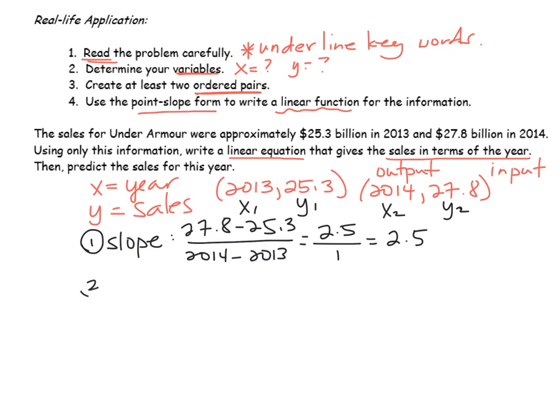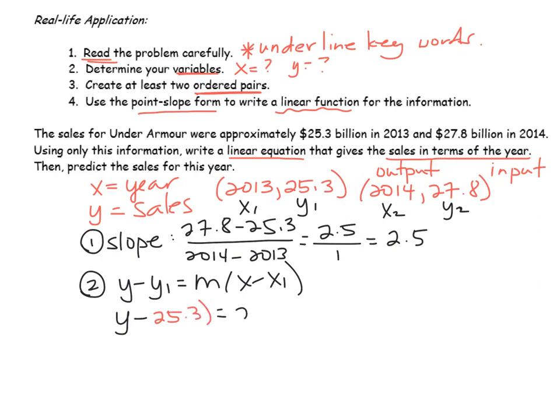To create the equation for any year, we'll do y minus y1 equals m times x minus x1. From our information above, y1 is 25.3. Our slope is 2.5, and 25.3 happened in the year 2013. From here, whoops, I forgot a parenthesis, didn't I?